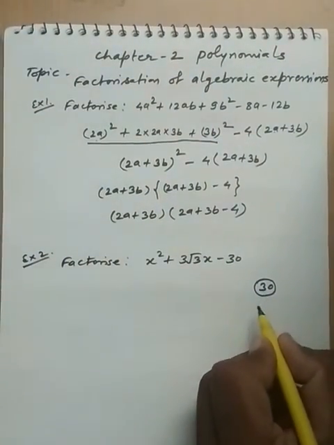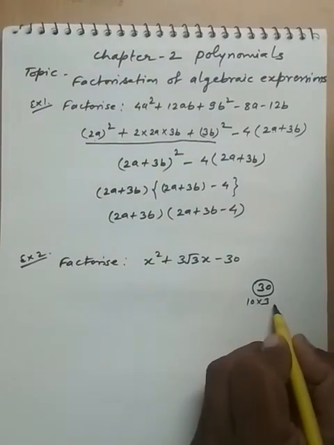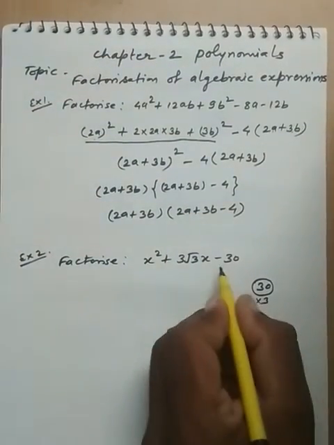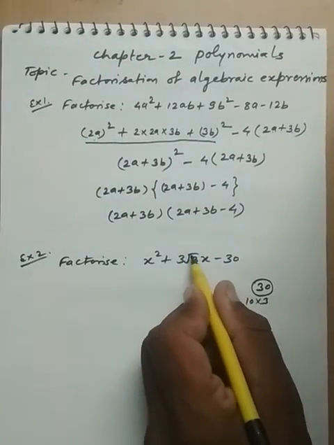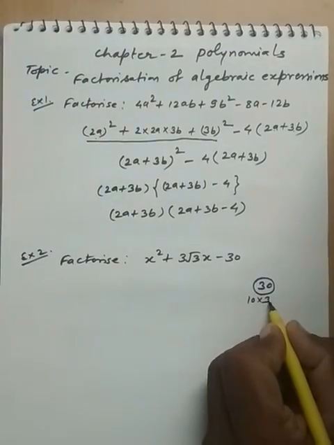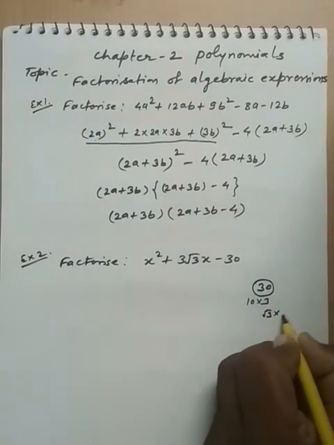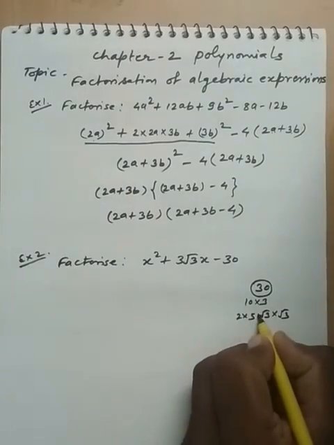But 30 can be converted into 10 into 3, but 10 and 3 have a difference of 7, and our requirement is 3√3. So see the √3, then definitely one number can be converted into √3 into √3. In place of 10, we can put 2 into 5.